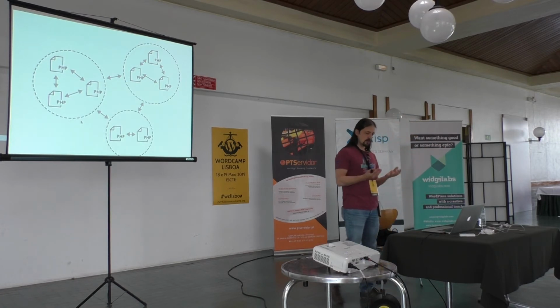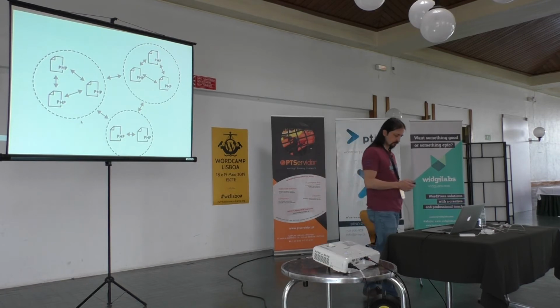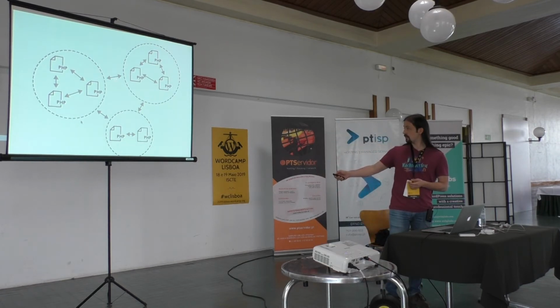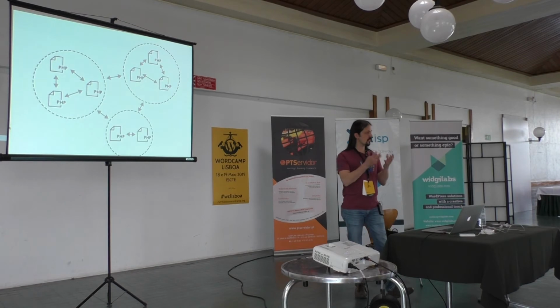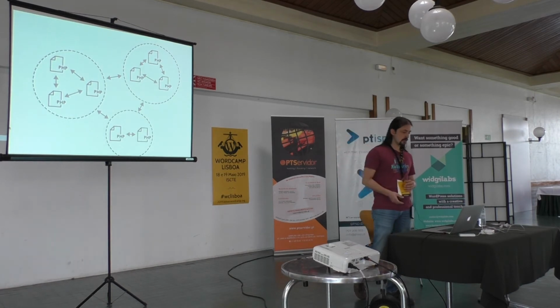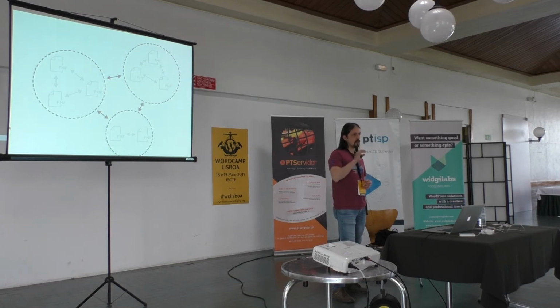And these conceptual objects also have relationships amongst them. So you can see these arrows here. They are relationships that are not at the file level, but at the conceptual object level. And with these relationships, the thing is that if we build them in a proper way, all of a sudden we can ignore what's inside of the objects.